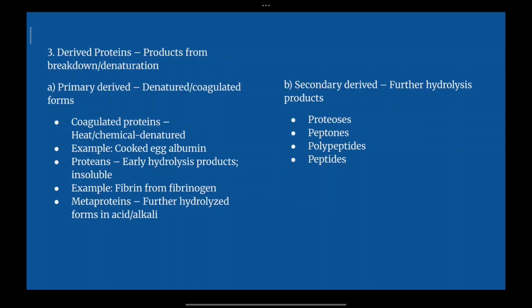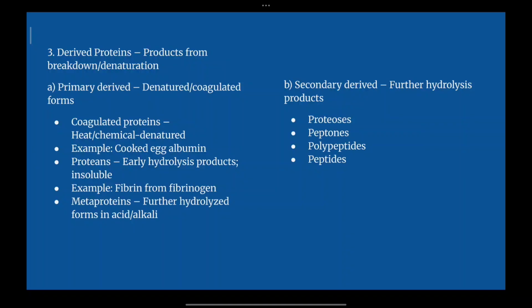An example of coagulated proteins is cooked egg albumin. Proteans are an early hydrolysis product that is insoluble, and some examples of proteans are fibrin from fibrinogen. Metaproteins are the third type of primary derived proteins, formed when further hydrolysis of protein takes place.